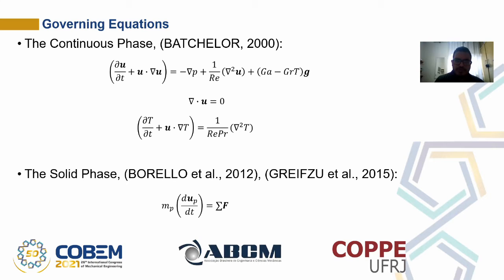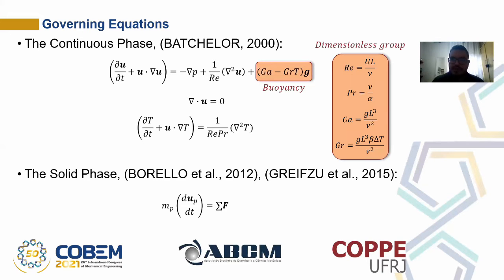And also, here is the term responsible for buoyancy, which multiplies the gravity. And here are the dimensionless groups. We have Reynolds, Prandtl, Galileo, and Grashof. We also have here the continuity equation for incompressible flow, and also the energy conservation, for which we determine the temperature field.